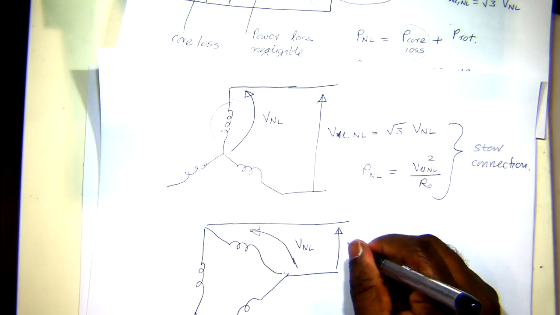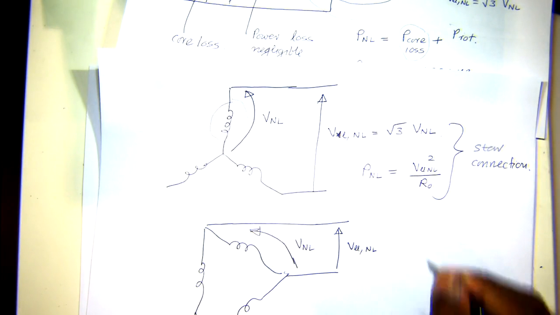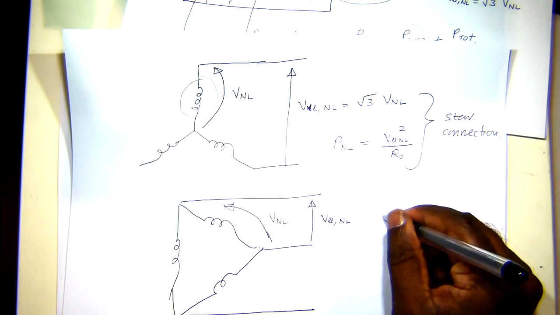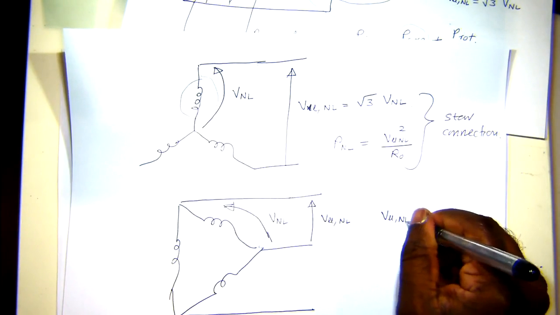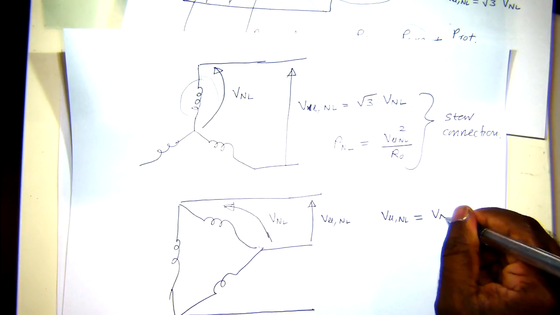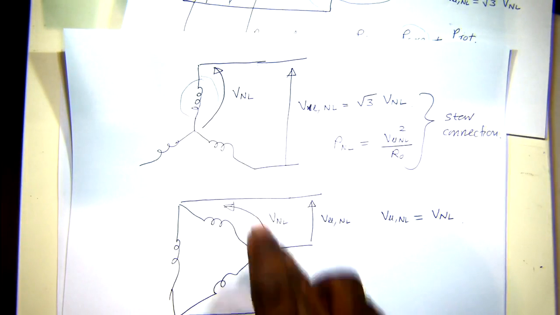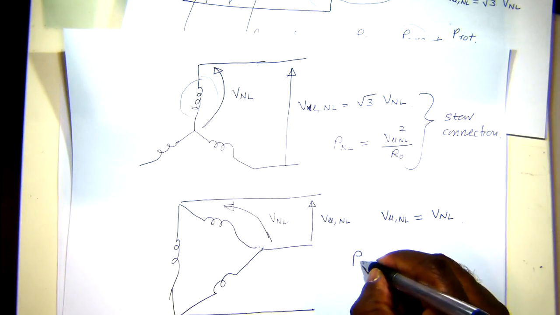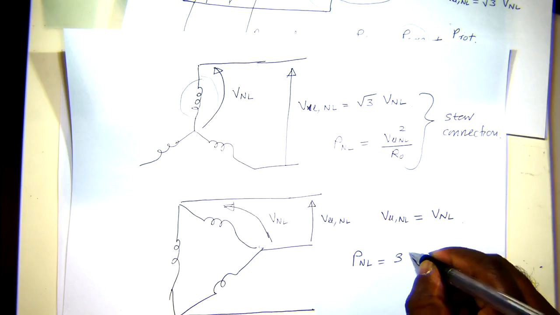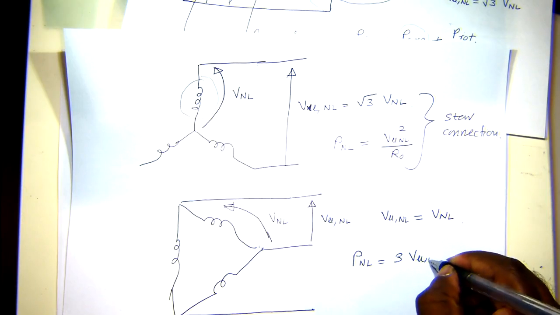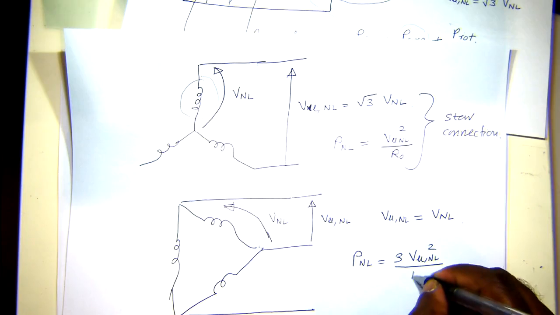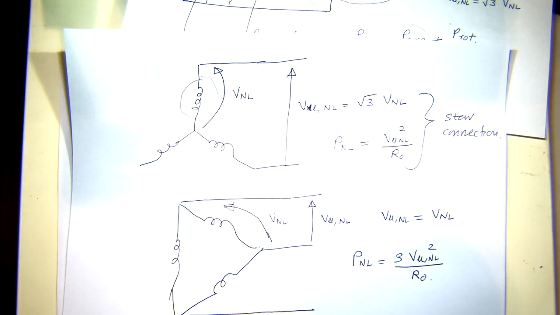So this is the line-to-line no load. If it's delta connected, your line-to-line no load voltage will be the phase voltage as well. It's the same voltage. So then P no load will be 3 times V line-to-line no load squared over R naught. That's for a delta connected arrangement.